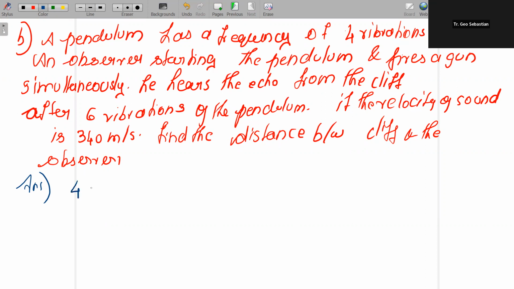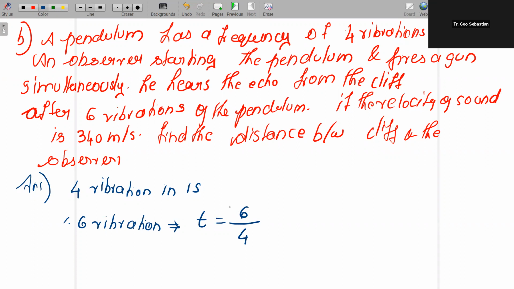We understood that 4 vibrations happen in 1 second, right? Therefore, 6 vibrations means how much time? Time is equal to 6 by 4, right? That is nothing but 1.5 seconds.